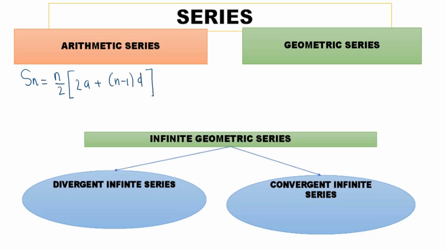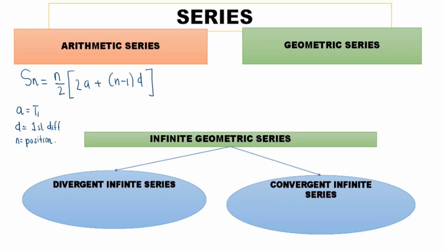That is the formula you use if you are asked to get the sum of an arithmetic series. Like I mentioned in the previous slides, a is the first term, d is the common difference, and n is the position of the term in a sequence.